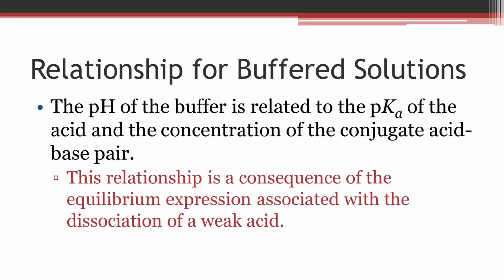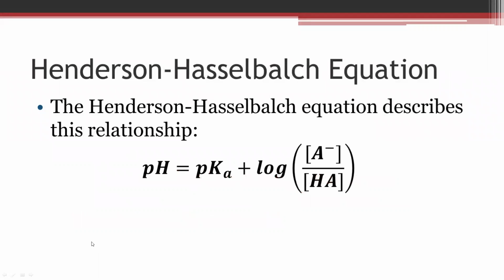This is a consequence of the equilibrium expression associated with the dissociation of a weak acid. So when we have our weak acid react with water, the other products in the equilibrium expression would be the hydronium ion, or H+, and the conjugate base. We ended 8.8 with that.